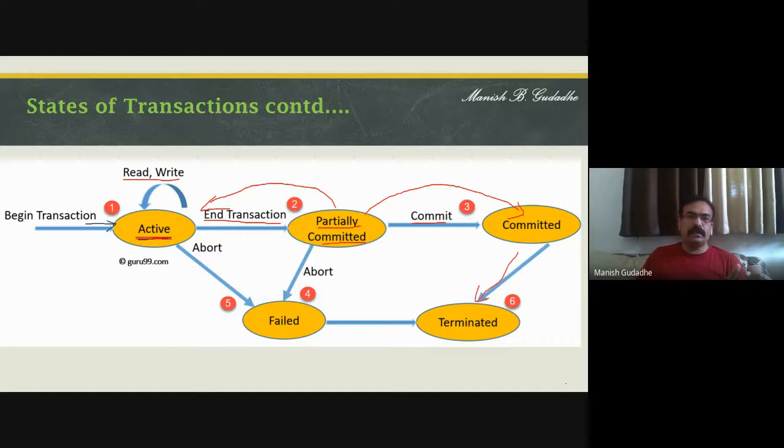This is the state when the transaction is properly executed, when there is no problem in execution, a smooth execution has happened. So from active state to partially committed state, from partially committed state to committed state, and from committed state to terminated state. This is the smooth functioning of your transaction. But it is not always true.